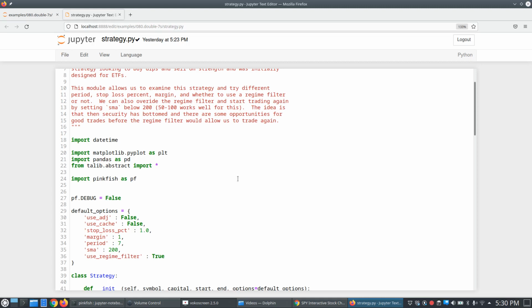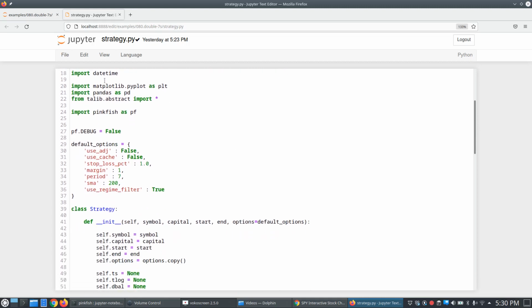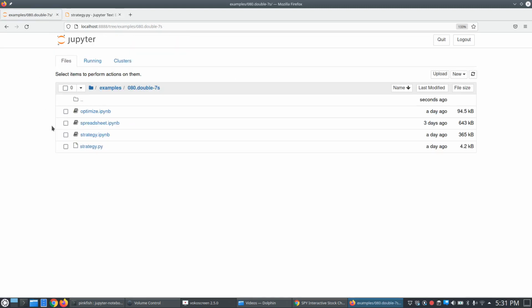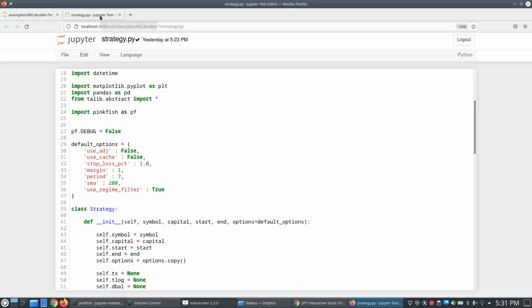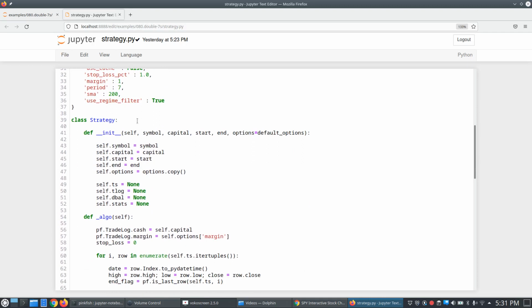So this is the standard way that, just going back to here for a second, that I name these files. You can call them anything you want, but I always use these same names for each of my strategies. You'll notice that in the examples. And I implement these strategies as a class.